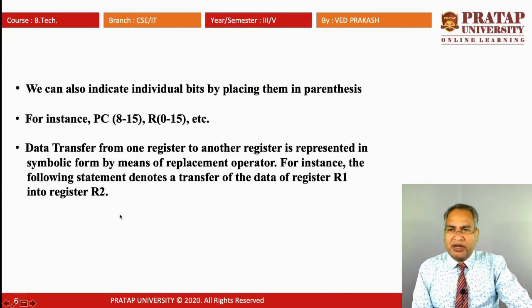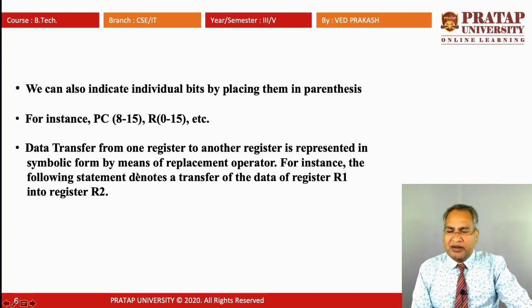We can also indicate individual bits by placing them in parentheses. For example, PC is the program counter register, and in parentheses we denote the bits used by the program counter. Similarly, R(0-15) means R is a processor register which has 16 bits.